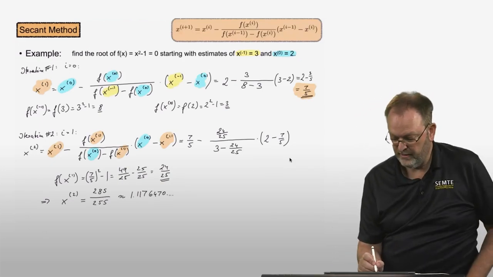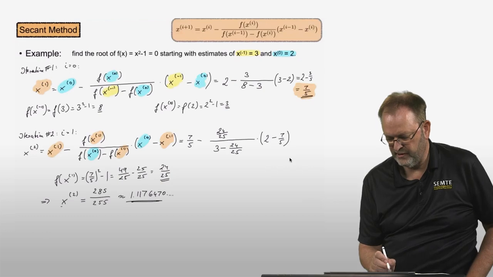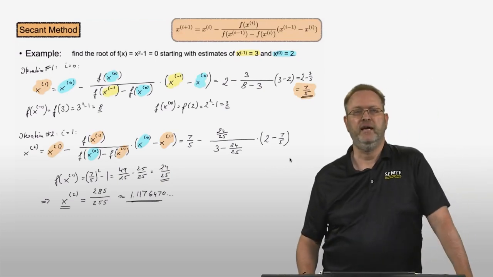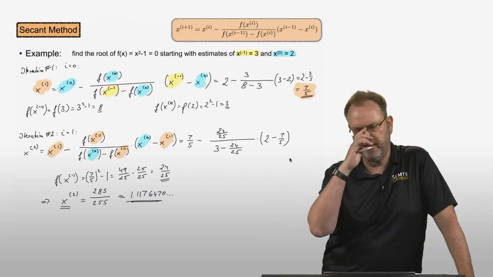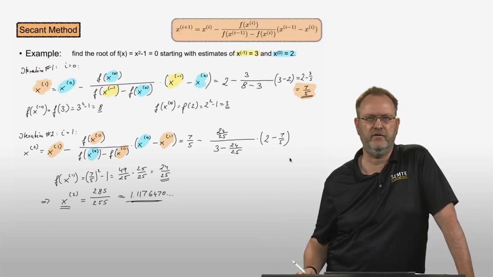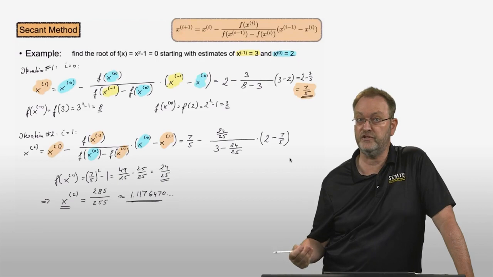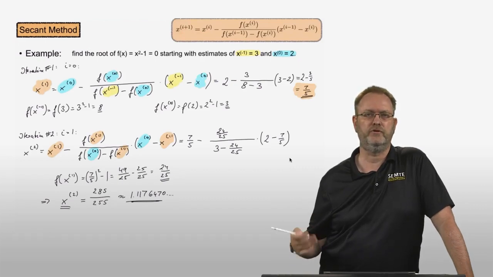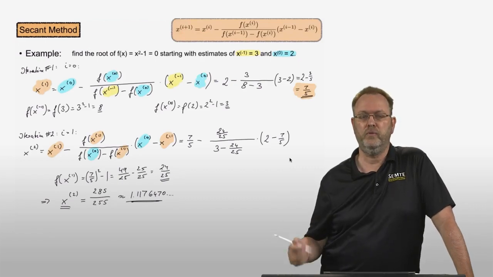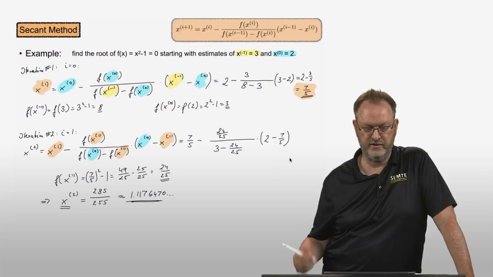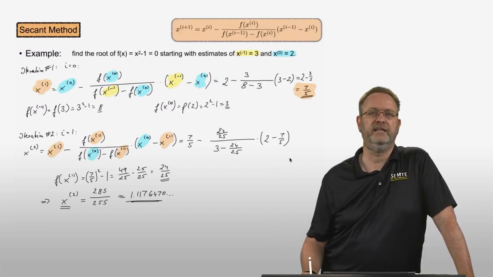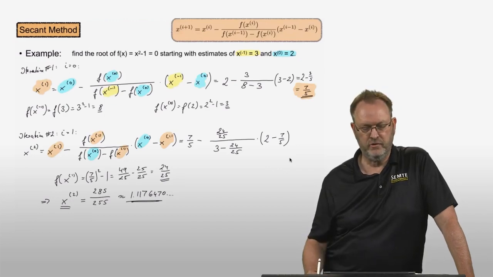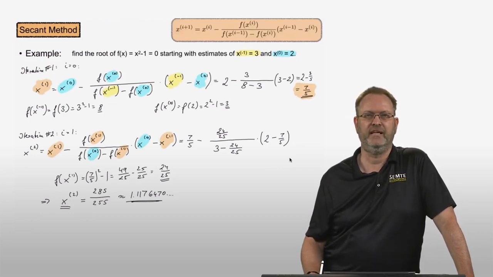Okay, that would be the answer after 2 iterations. And now we would have to look at the tolerance in function, whether that is acceptable, or the estimated relative error, whether that is acceptable to make the decision of whether we are going to continue on, or whether our current solution estimate of this 285 over 255 is good enough. And that's how you apply the secant method. Thank you for watching.